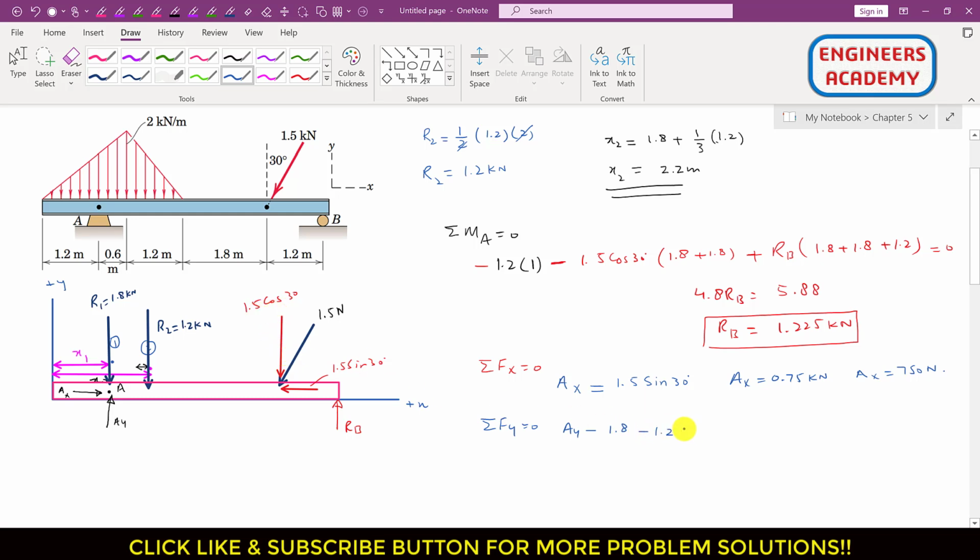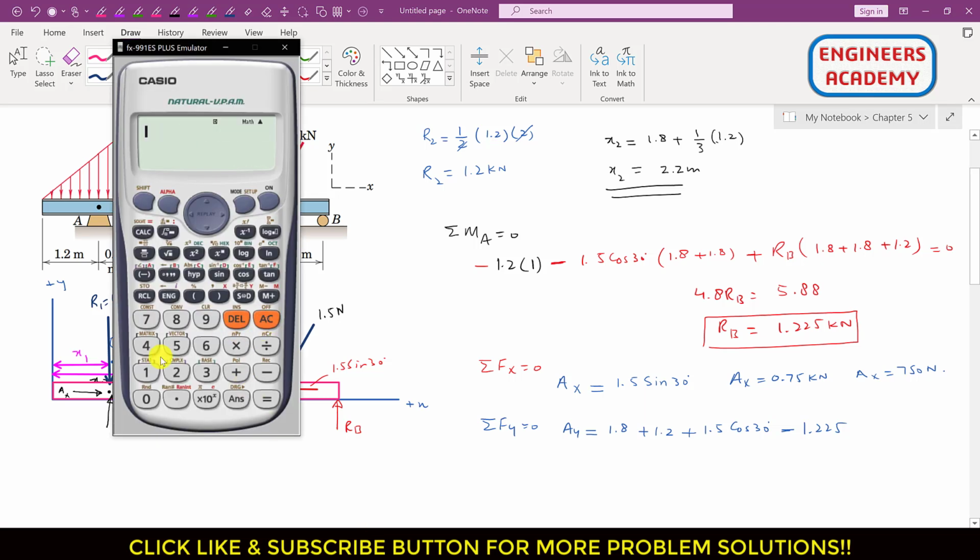This cos component is acting in the negative y, so I will write minus 1.5 cos of 30. And this RB is acting in the positive y direction, so I will write plus, and RB magnitude is 1.225. So this will be equal to 0, or we can say that AY is equal to the summation of all of these, and the sign of 1.225 will become negative, right? So this is minus.